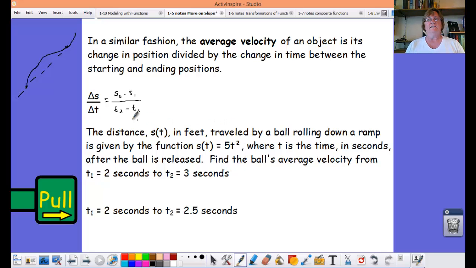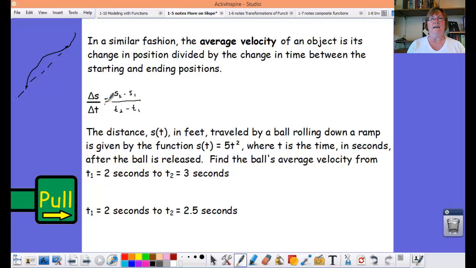With that knowledge, I'm going to ask you to think about this question. The distance in feet traveled by a ball rolling down a ramp is given by this function, 5 times t squared, where t is the time in seconds after the ball has been released. We are to find the ball's average velocity from the first time at 2 seconds till the second time, 3 seconds.